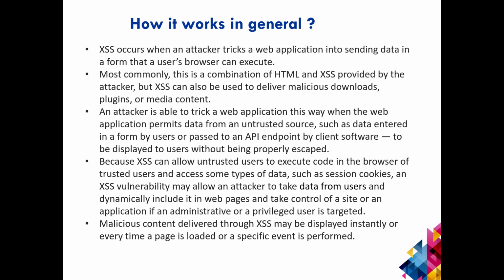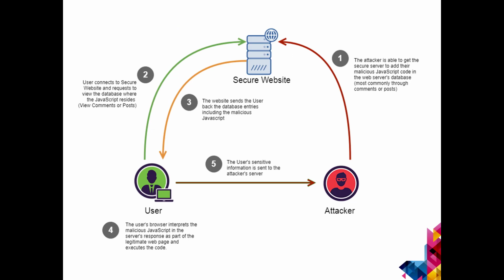Let's discuss how this actually works in general. You may read this graphical information if you want to know how it works. There are 5 steps before the information is disseminated to attackers.